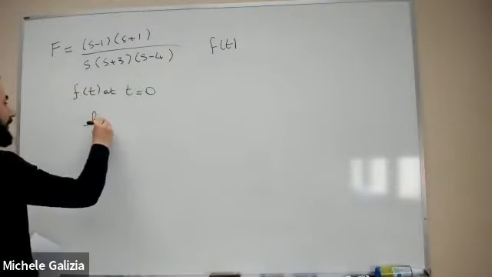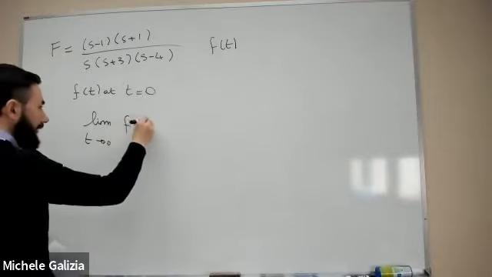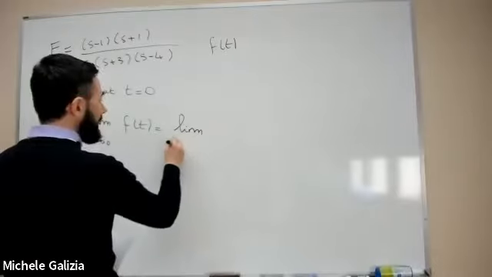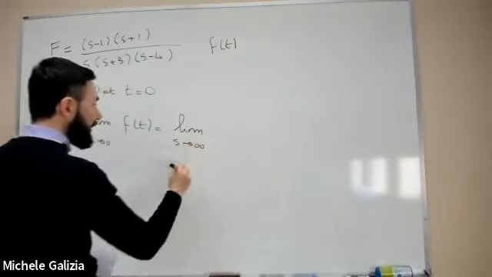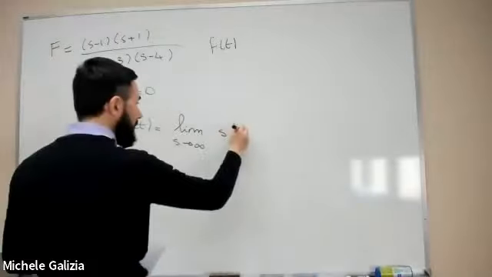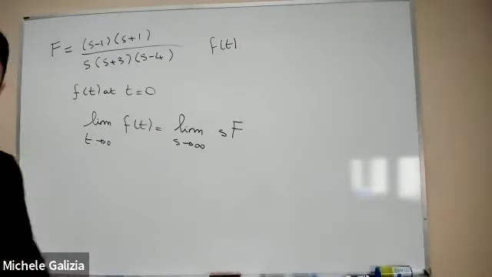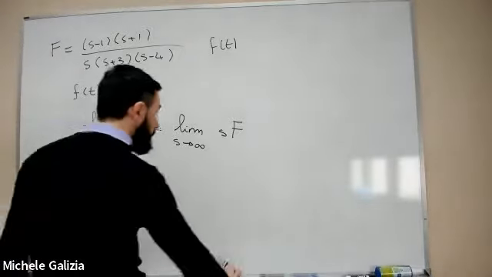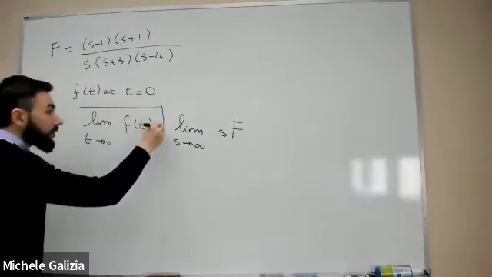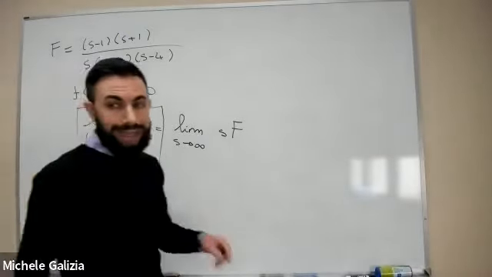The limit for time going to 0 of f as a function of time is the limit of s going to infinity of s times the function in the Laplace domain. So, why complicate things when things are simpler? This is what we are interested in. This is what I'm asking you to calculate.